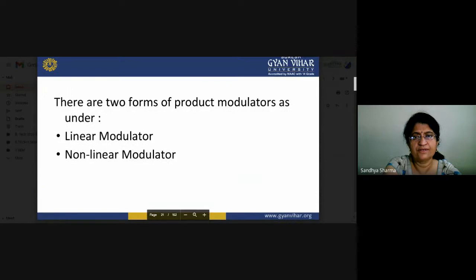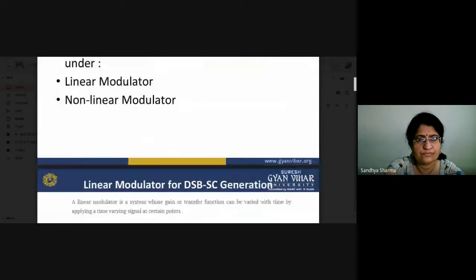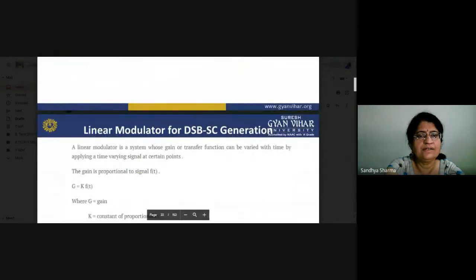Here we can see that there are again two methods. The first one is the linear modulator and the second one is the non-linear modulator. These are the two types of modulators we have to work out. So how do you define the linear modulator?